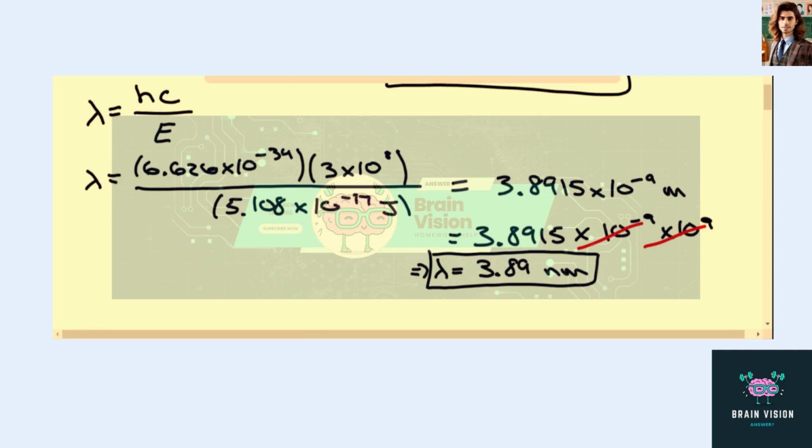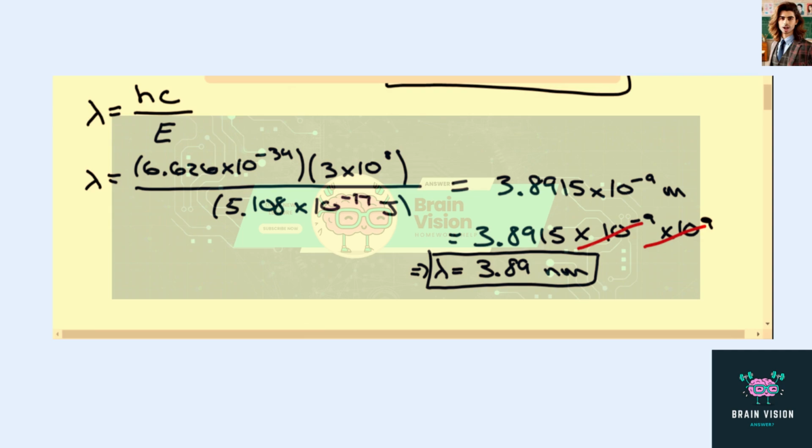So we plug everything in, so lambda equals 6.626 times 10 to the negative 34 joule seconds, which is Planck's constant, multiplied by 3 times 10 to the 8th meters per second, divided by the kinetic energy, which is 5.108 times 10 to the negative 17 joules.